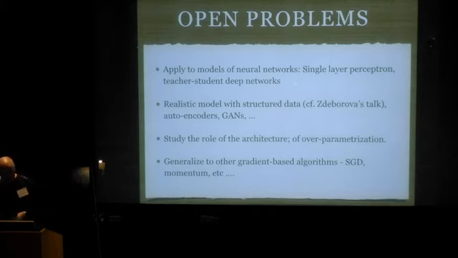So to finish, we'll try to list some open problems. There are many. I think this is just a starting point where we are trying to apply these techniques to learning problems. So of course, we would like to apply this to models of neural networks, single layer, multi-layer, that kind of teacher-student setting that Lenka was advocating.